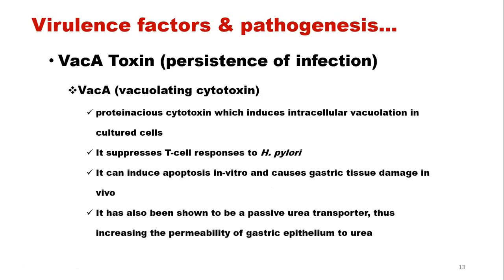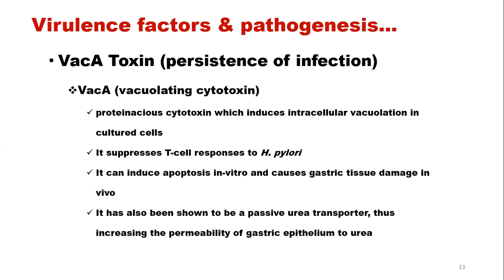When we talk of infection, you can have persistence. So the patient can be treated, but the patient is persistently infected. This has been associated with strains that produce the VacA toxin. VacA stands for vacuolating cytotoxin.